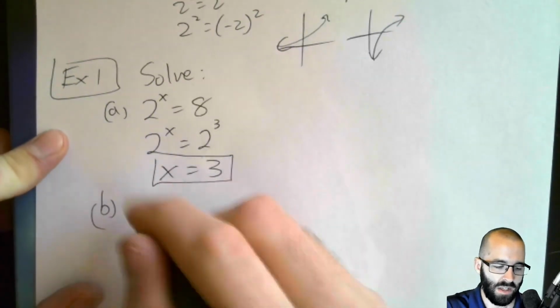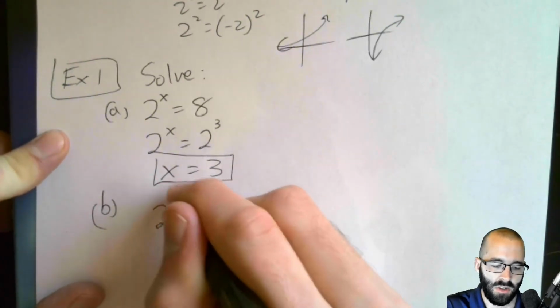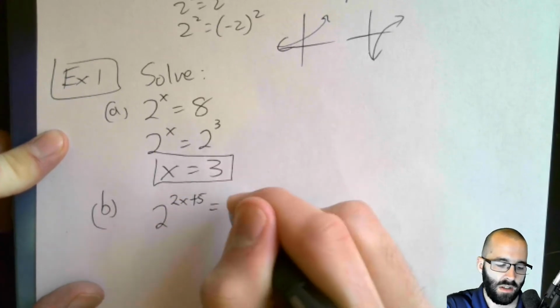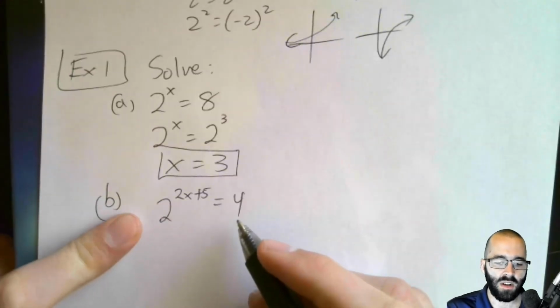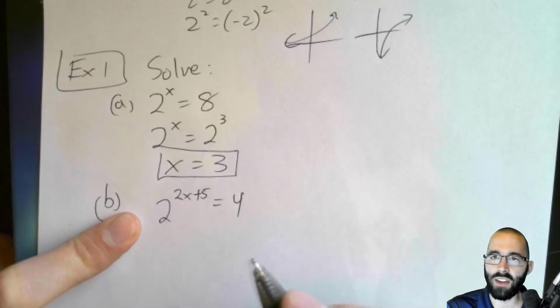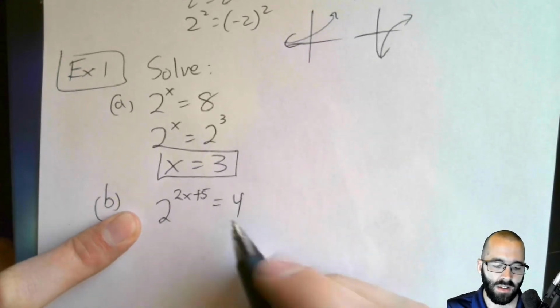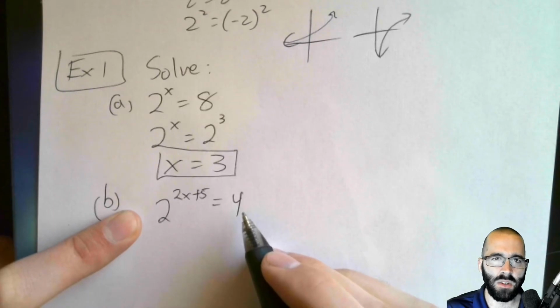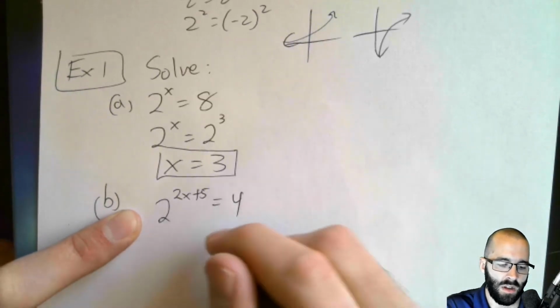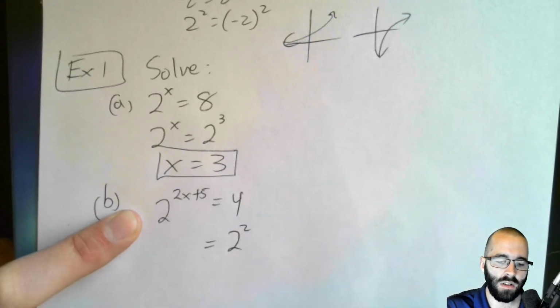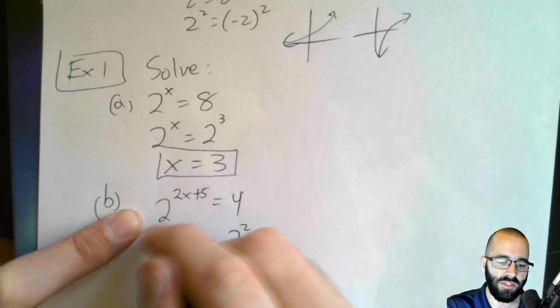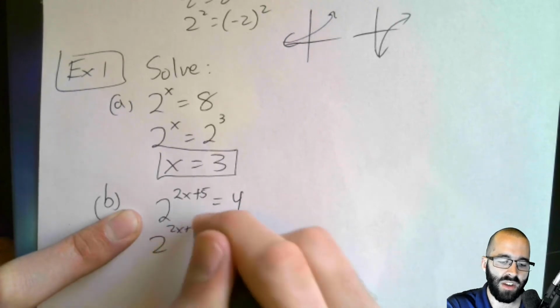So part B is going to be 2 to the 2x plus 5 equals 4. Again, if we get exponentials on each side, their exponents have to be the same thing. Well, the right-hand side's 4, not 2. Well, let's make it 2, right? The right-hand side is 2 squared. The left-hand side is 2 to the 2x plus 5.